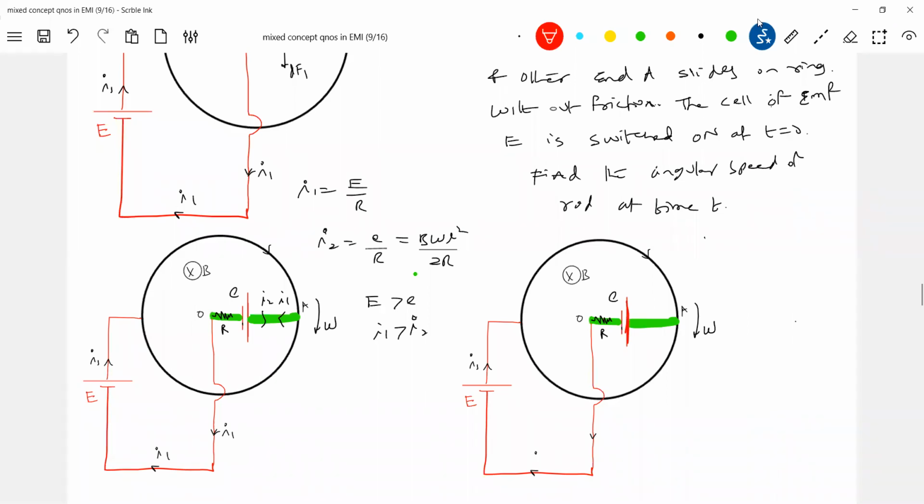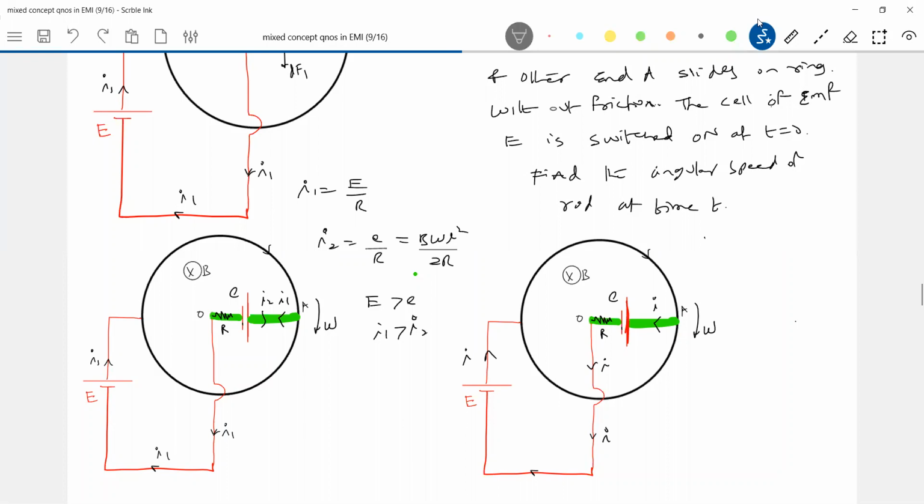Because I1 is greater than I2, the net current will be in the direction of I1. The resultant current, let it be I, will be in this direction. Now check it. The torque will be B bar and the current. What type of motion is the rod going to describe?